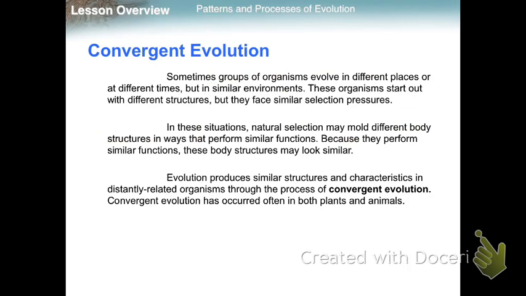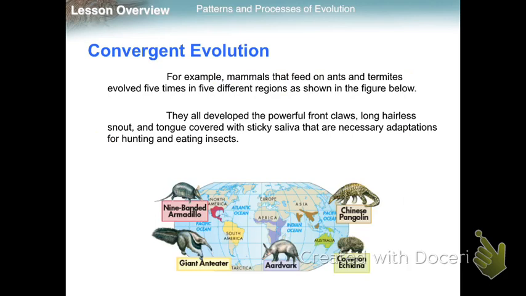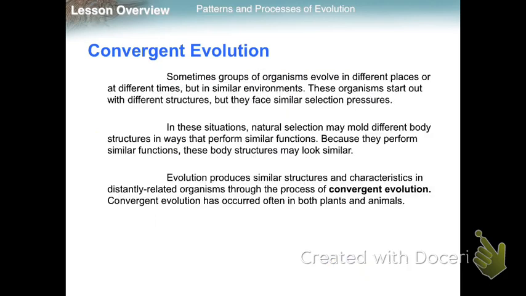Another type of evolution is called convergent evolution. This is where groups of organisms evolve in different places or at different times, but in similar environments. We talked way back about the large birds of the grasslands of the different continents. The emu in Australia, the ostrich in Africa.